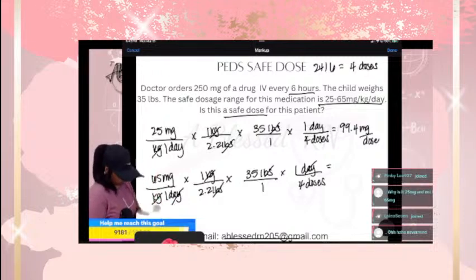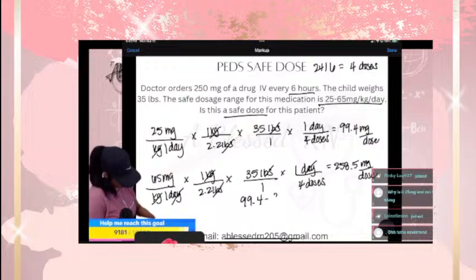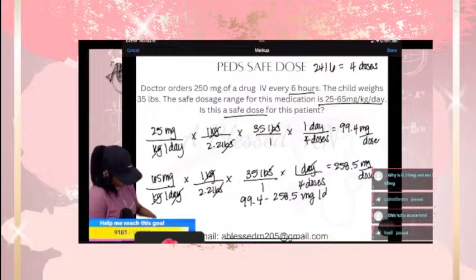So 65 times 35 divided by 2.2 divided by 4. That's going to be 258.5 milligrams per dose, okay? So that is your safety zone, 99.4 to 258.5 milligrams per dose.